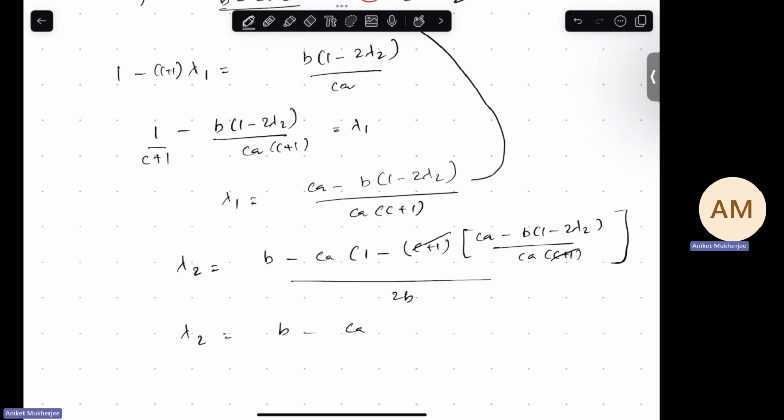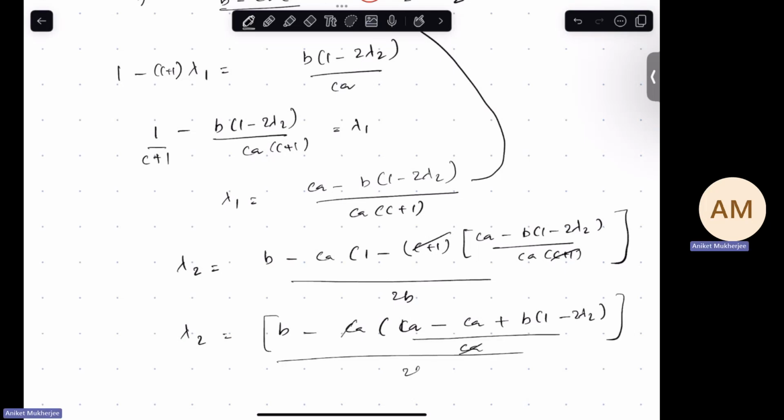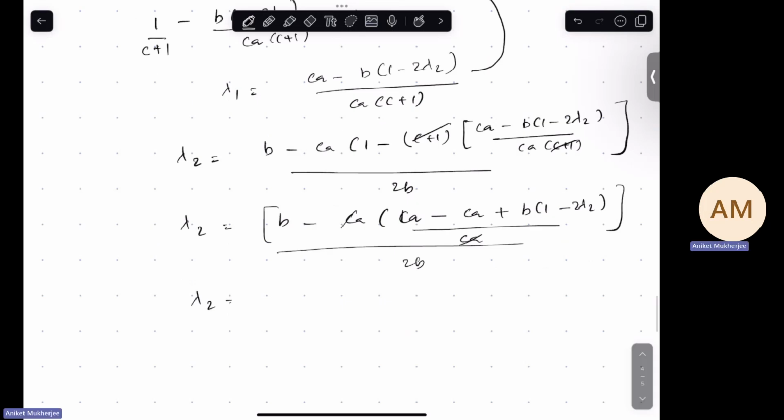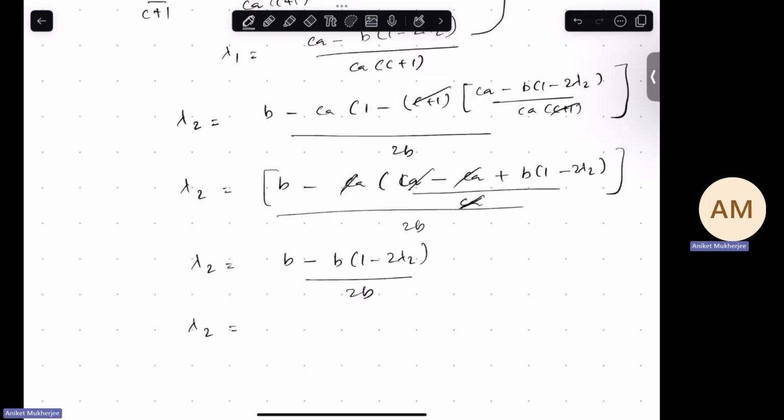B minus CA into CA minus CA plus B into 1 minus 2 lambda 2 by CA by 2B. So lambda 2 is equal to 1 by 2 minus 1 by 2 into 1 minus 2 lambda 2.